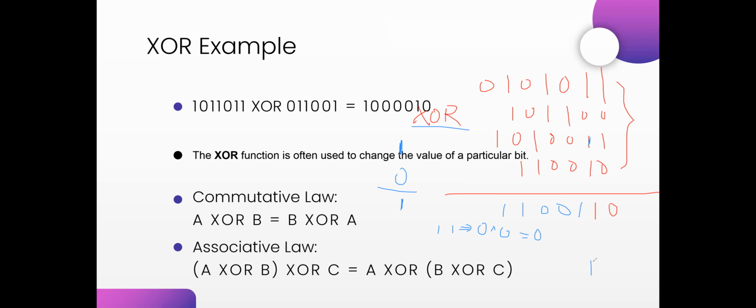So every time you see 1, you are going to flip the sign. If you see a 1, it's going to be changed to 1. If you see another 1, it's going to be changed to 0. If you see 2 ones, it's going to be 0. If you see 3 ones, it's going to change to 1 again.